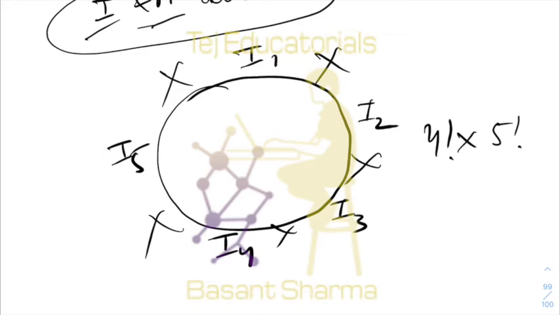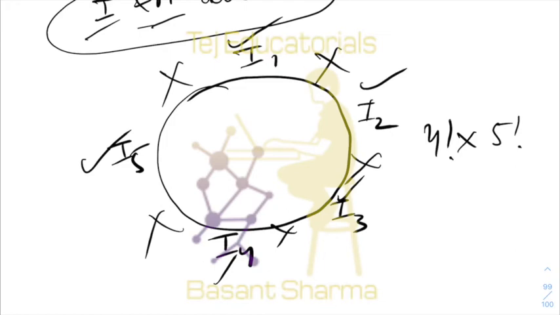Don't say 4 factorial into 4 factorial, because once we have fixed the positions of the Indians, the Americans will now be arranged using the concept of linear permutations rather than circular permutations, because now it will not matter.